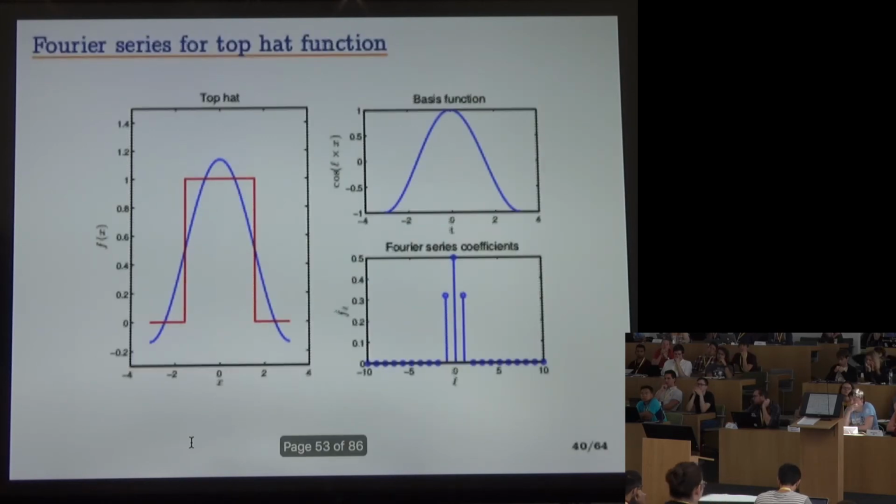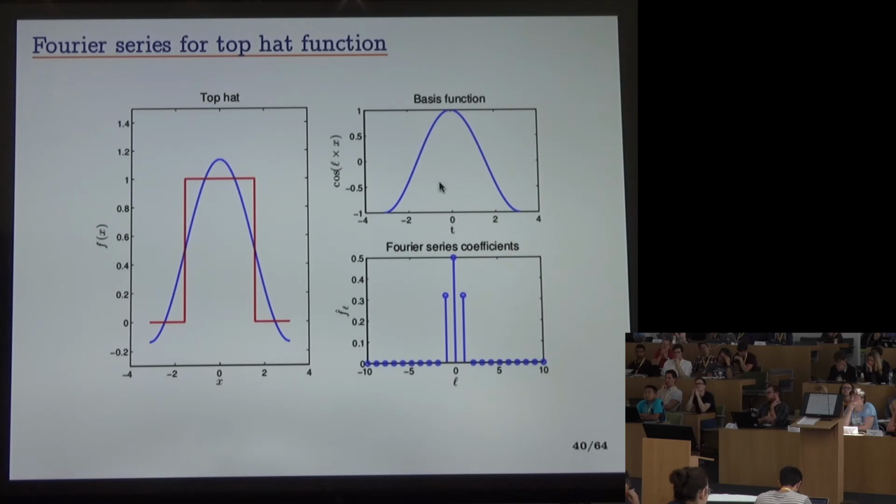I'm going to show you this now graphically. Here is my top hat function. It's 0 outside an interval from minus t to t, it's 1 on the interval from minus t to t, and then 0 from t to pi. Here is the first basis function. I've got a 0 frequency offset, which is just a constant offset to push my cosine up a bit, and then I've got my first cosine basis function, cosine 1 times x.